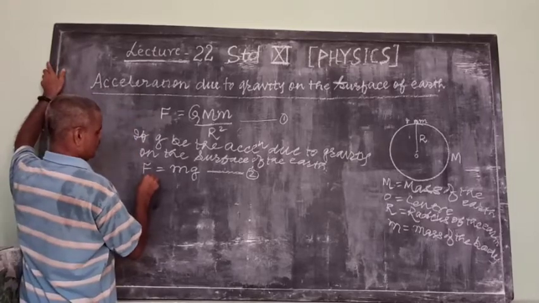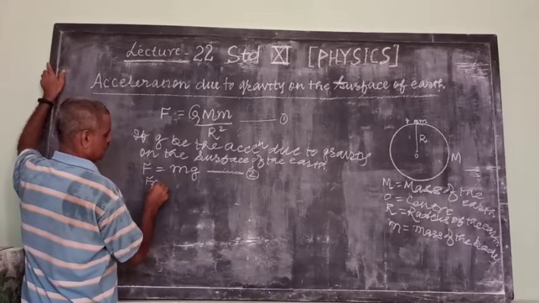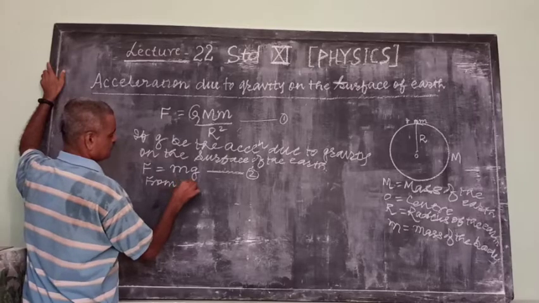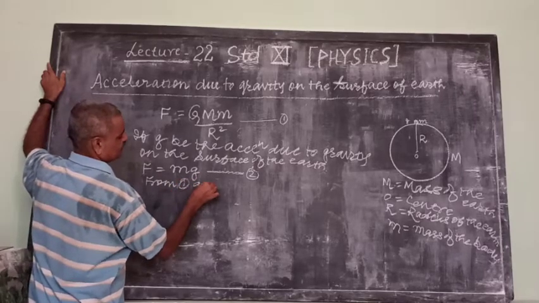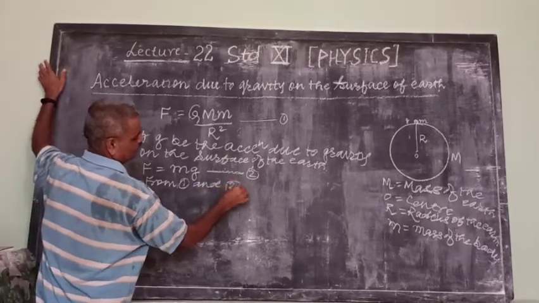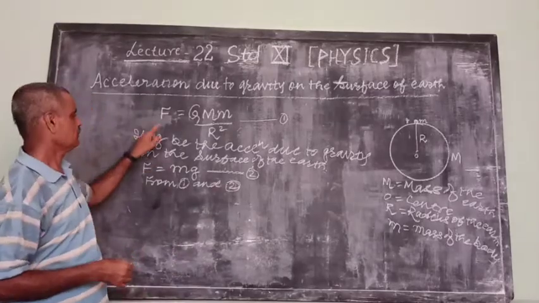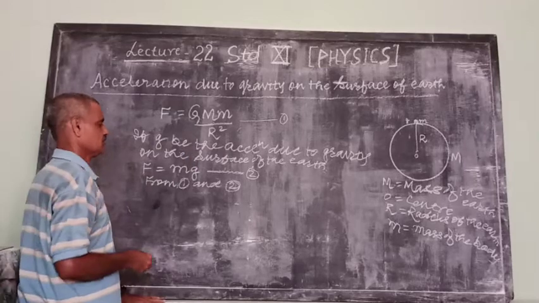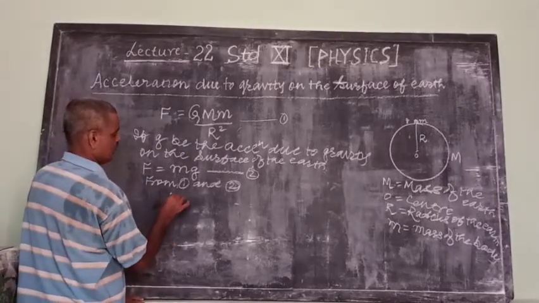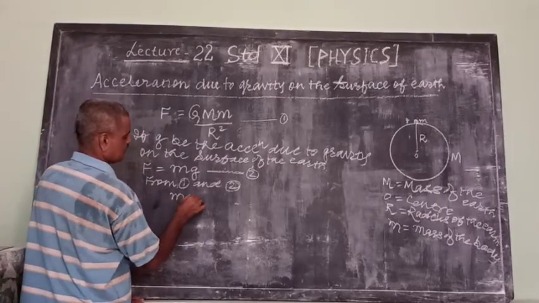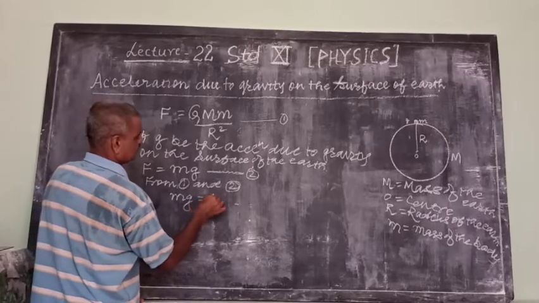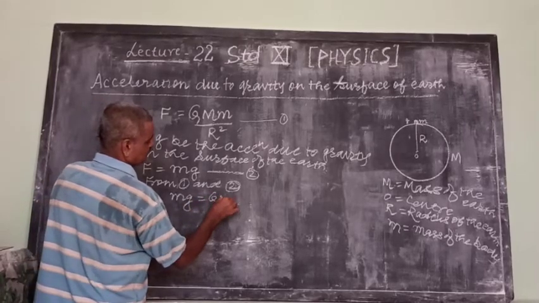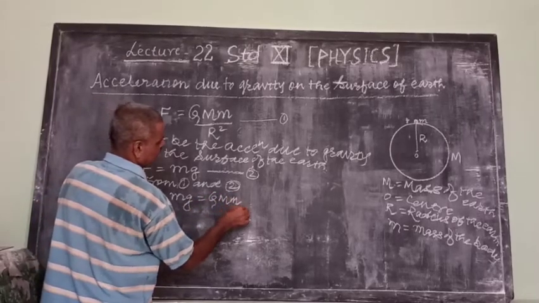From the first and second equations, we can write that the right side of both equations will be the same. So m into g can be written as GMm by r square.